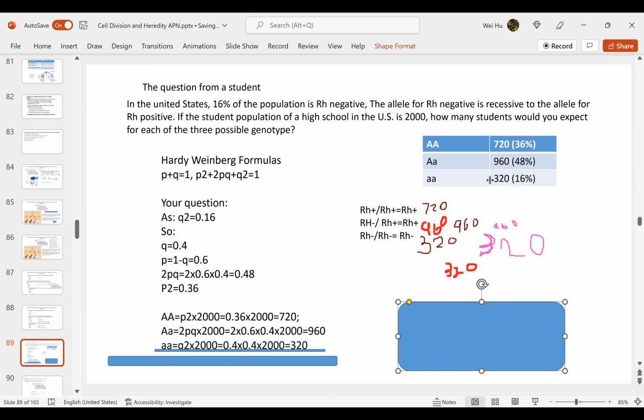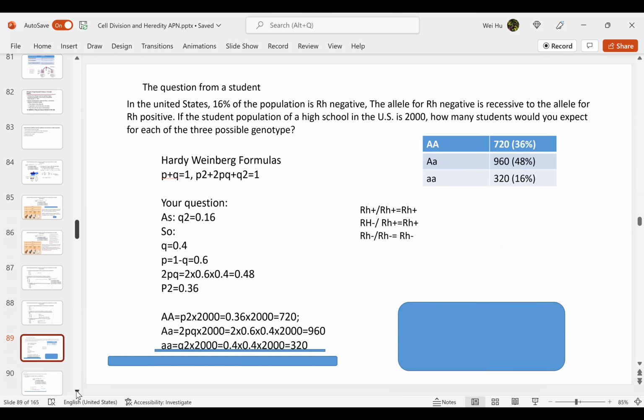Small a small a is 320, 16%. Done. Okay. So if you're still confused, think about this concept, and do step by step. Okay. So now let's go on.